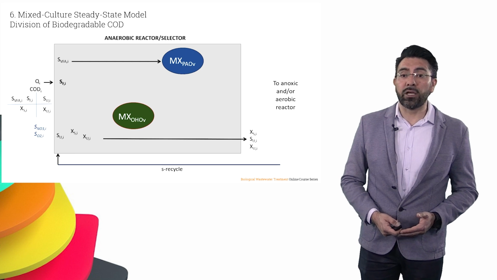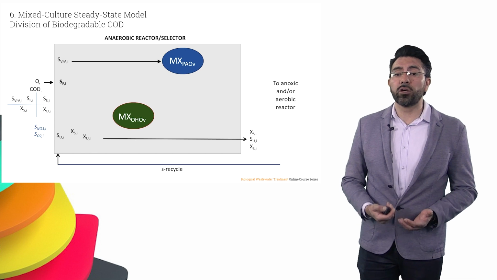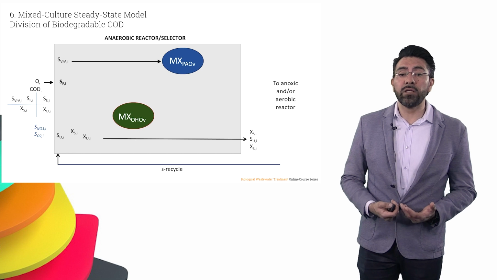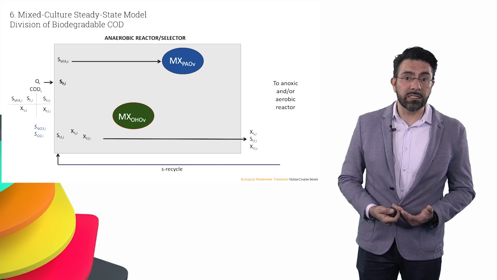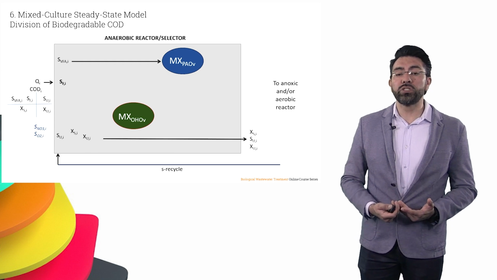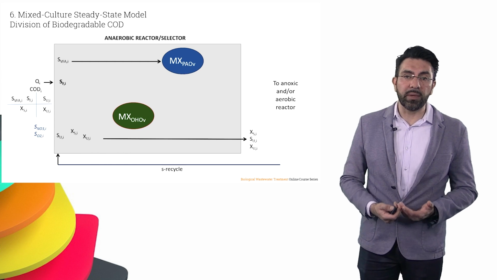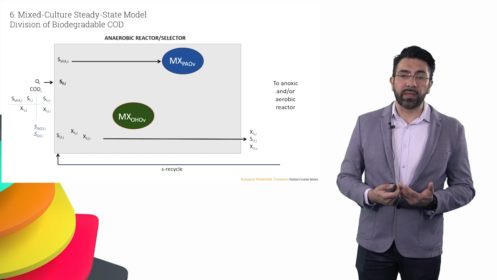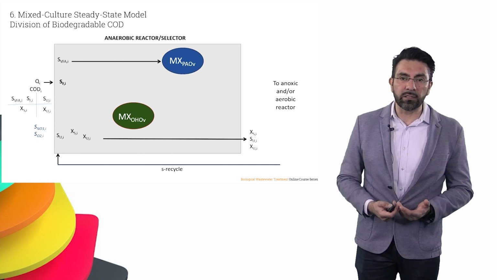And for that, because there is certain competition or interaction between the phosphorus accumulating organisms and the ordinary heterotrophic organisms, we also need to take into consideration the redox conditions that prevail in the system. One of the most important requirements to have a successful and reliable EBPR process is that the anaerobic reactor or selector is anaerobic as much as possible, that we try to keep strict anaerobic conditions in the anaerobic reactor.